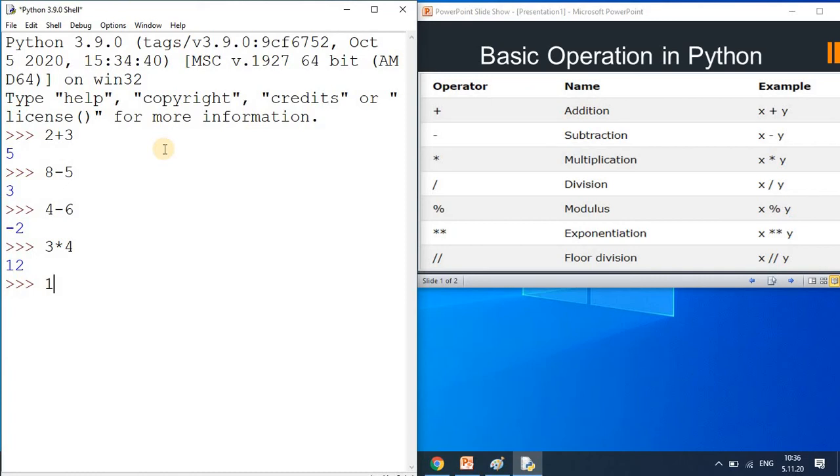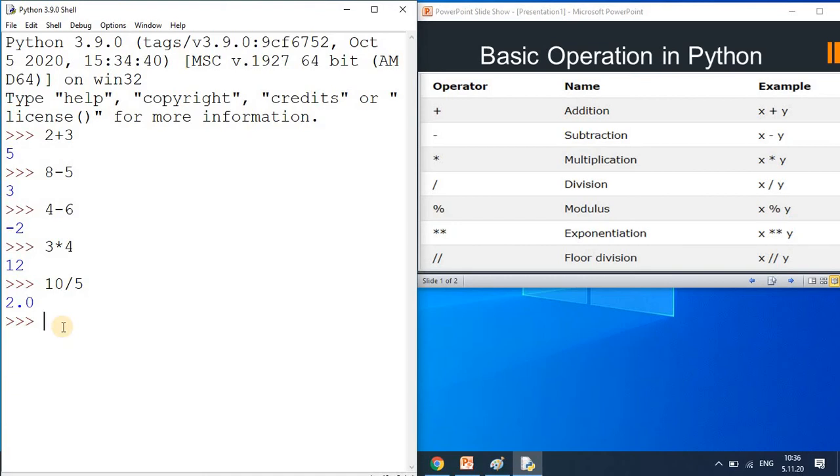If I take 10 divided by 5, it will give 2.0. Here you see that previously we got only a number with no decimal point. But as you know, in a division operation, most of the time there is no surety whether we get a whole number or a decimal number.